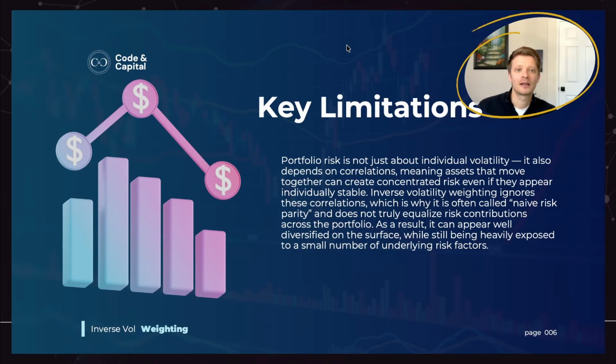In reality, equalizing standalone volatility is not the same as equalizing actual risk contributions. Those depend on the full covariance matrix, and we will introduce strategies that use the covariance in future videos. As the next step, let's look at our inverse volatility strategy over time in a full backtest.